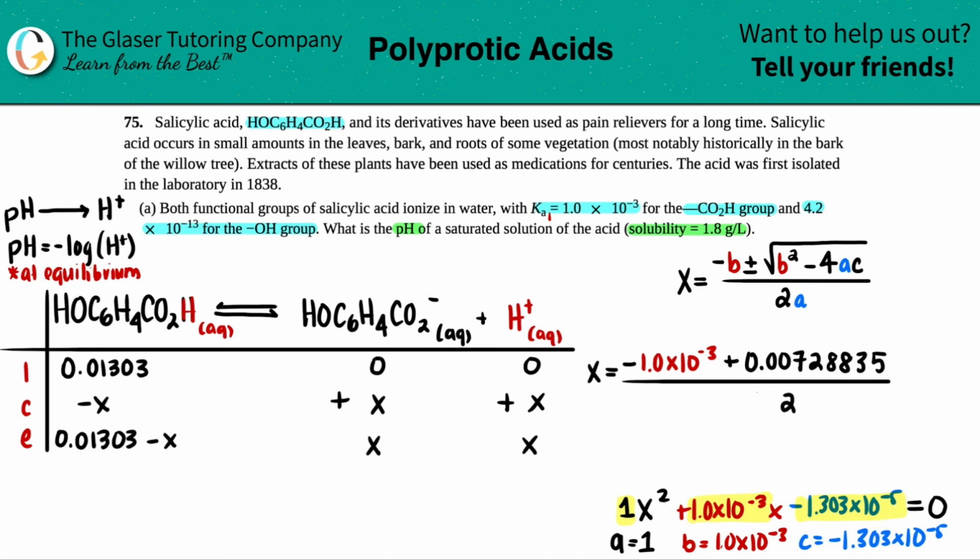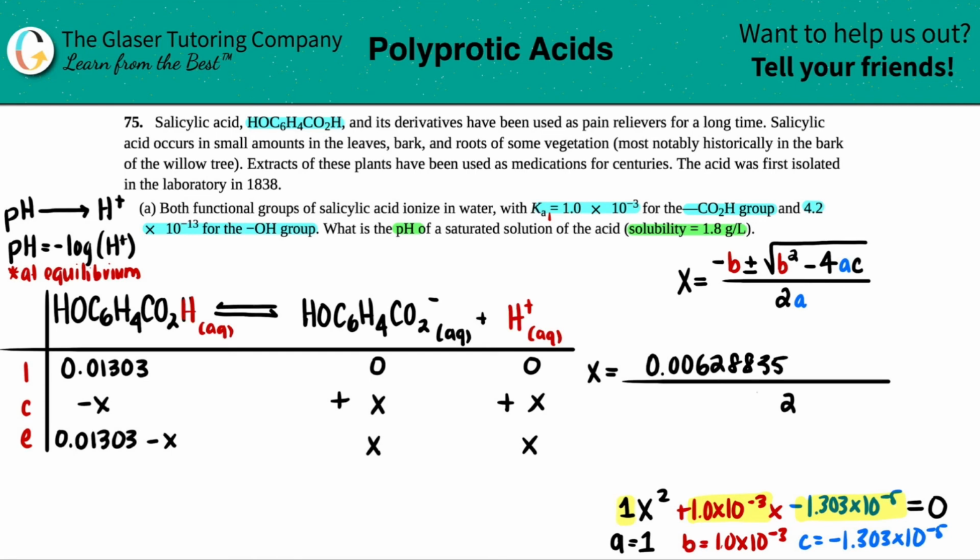the positive answer. So let's do negative 1 times 10 to the negative 3 plus 0.00728835. Okay, so now I'm going to just erase this because now I have that as one number. And I have 0.00628835.